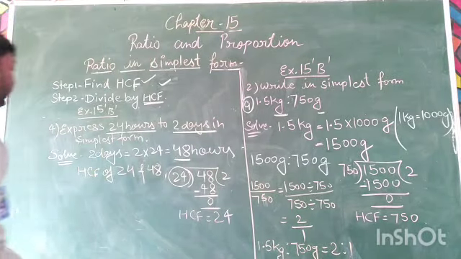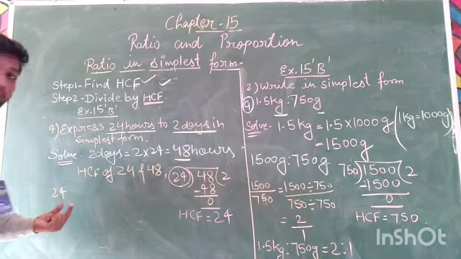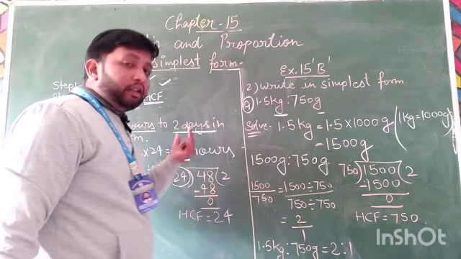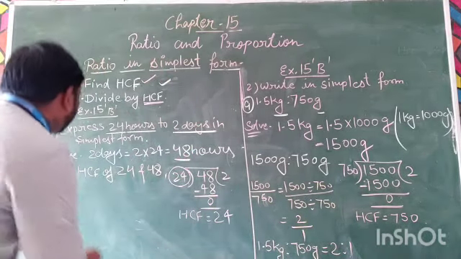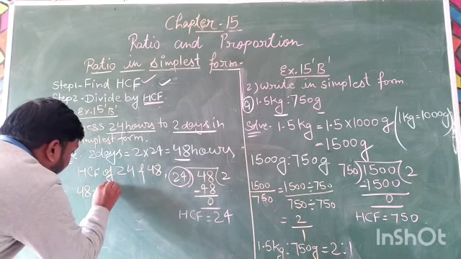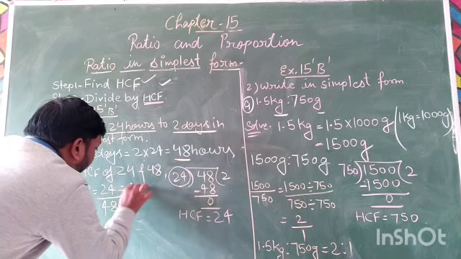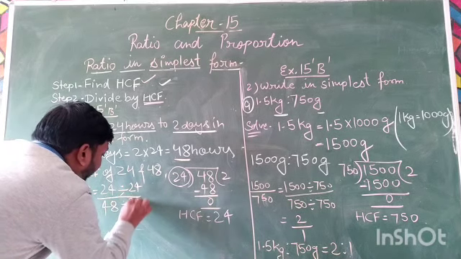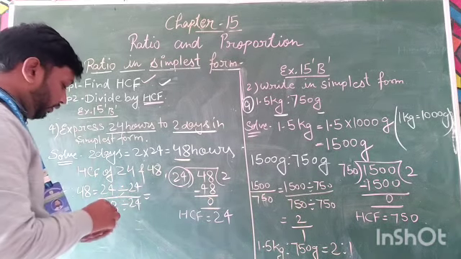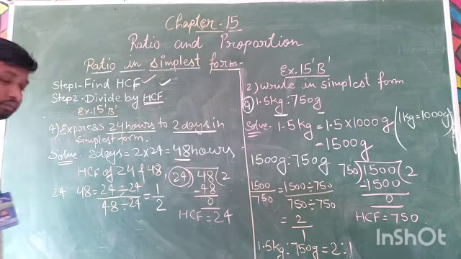Now what do we do? We express 24 hours, so we write 24, and 2 days becomes 48 hours, so the ratio is 24 upon 48, and we divide both the quantities by the HCF, which is 24. If we divide we get 1 upon 2.